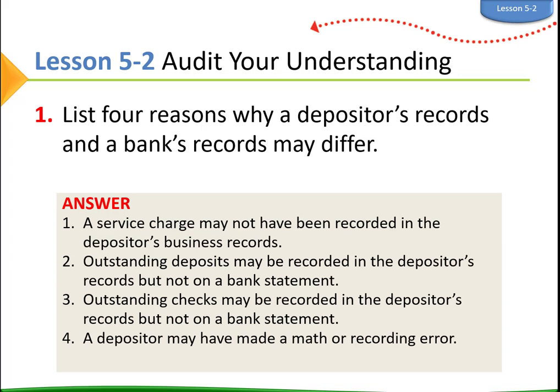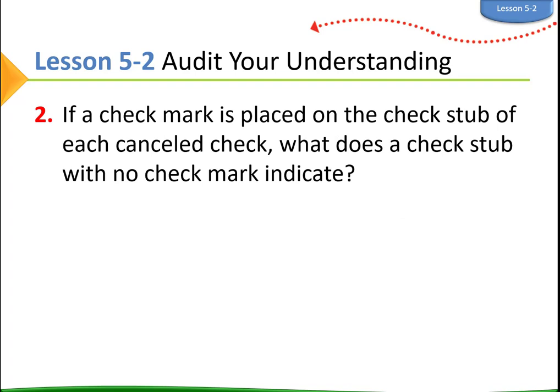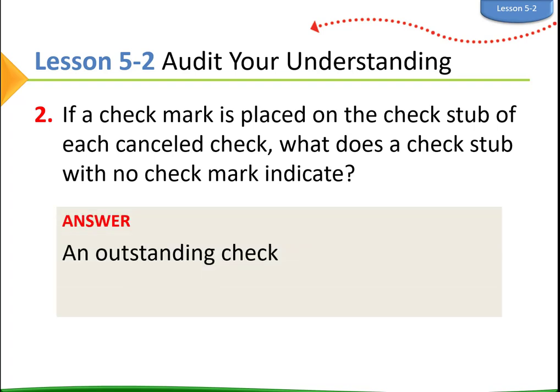And the depositor may have made a math or recording error. If a check mark is placed on a check stub of each canceled check, what does the check stub with no check mark indicate? It indicates an outstanding check.